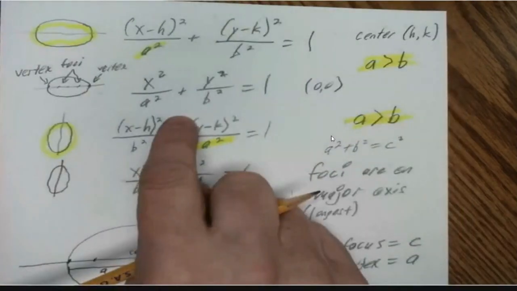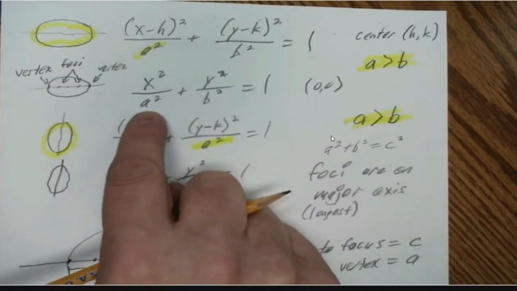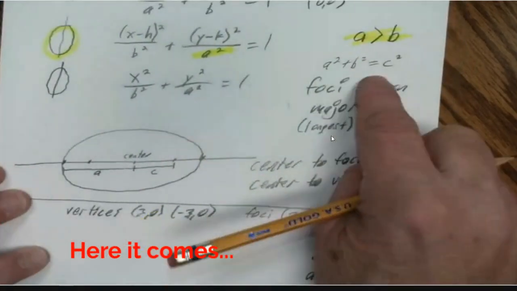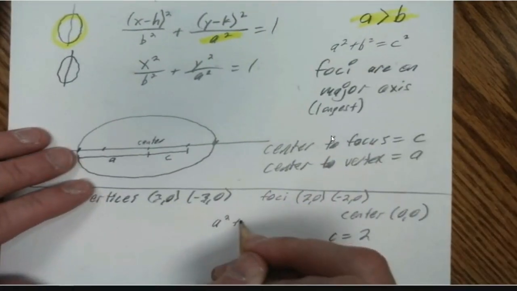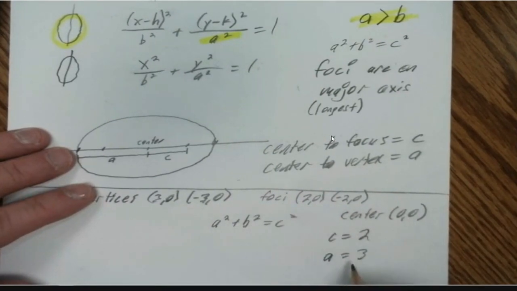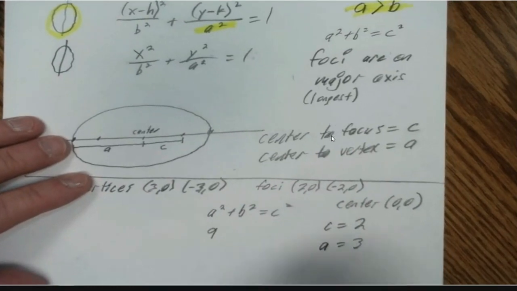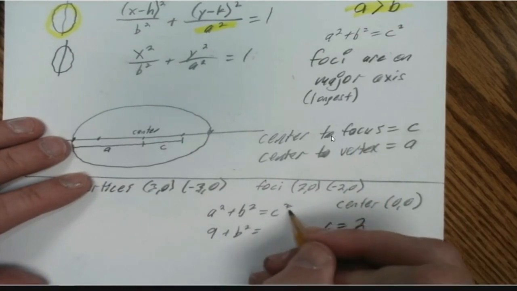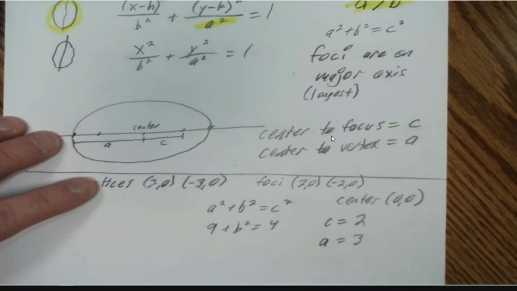We know our equation is going to look like this one because it's wider than it's tall. So it's x squared over a squared plus y squared over b squared equals 1. We've got a and c, but we know we can use this equation. So if a squared plus b squared equals c squared, if we fill in what we know, 3 squared is 9 plus b squared equals 2 squared is 4. All right, see what we got here?